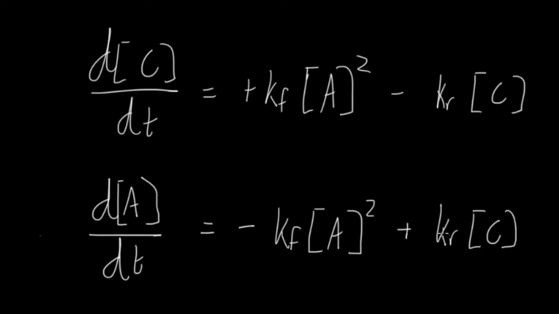C is the reactant, it's being produced, and Kr is the coefficient of proportionality. Now note here that A isn't put to any power, because this is simply describing the rate of reaction for A, not the rate of reaction for A squared. So it's only in the ODE itself, over here, where we describe the rate using mass action kinetics, that there is a power. Finally, we're going to look at one last example, and that is degradation.